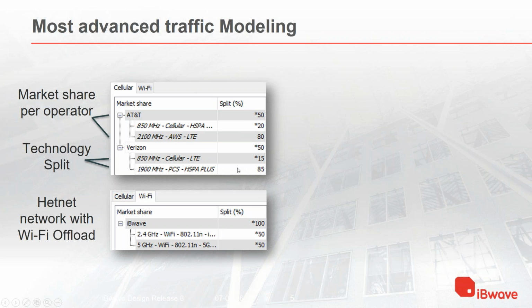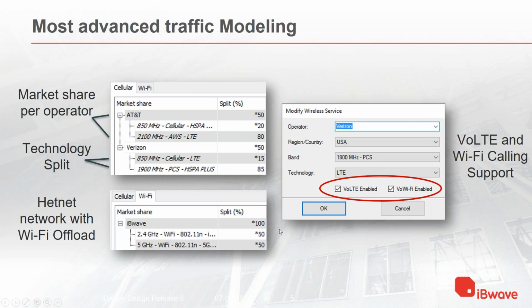The beauty of that is, from a design perspective, what you need to specify is the number of people to support in a venue, which is normally very easy to do, and then we take care in the background of allocating each user to the right service based on the splits and configuration that you have set.